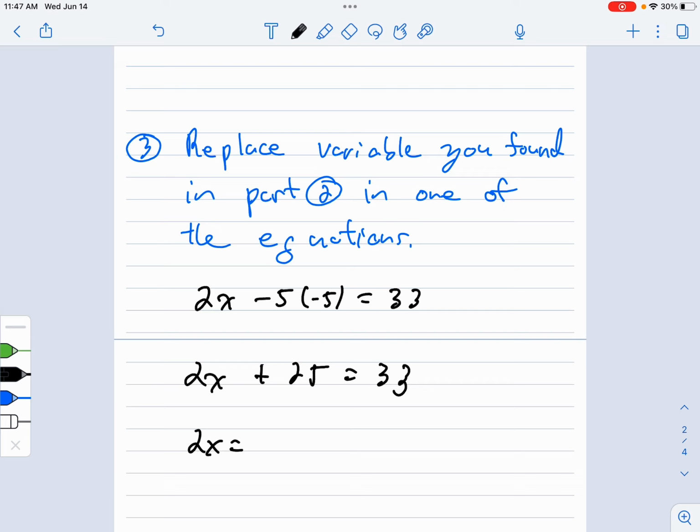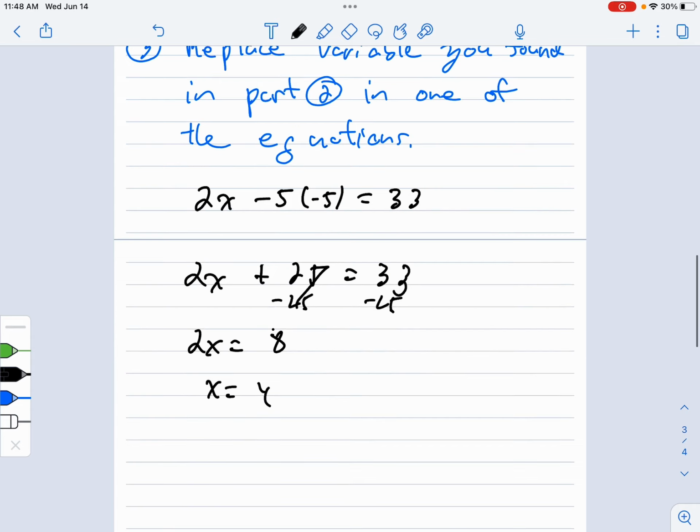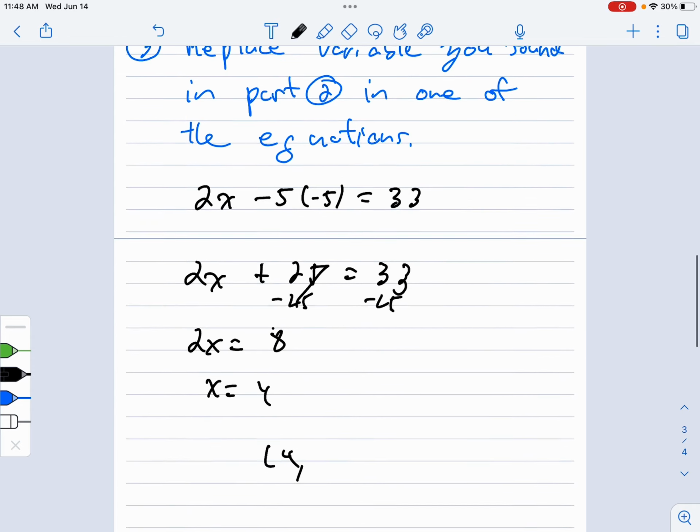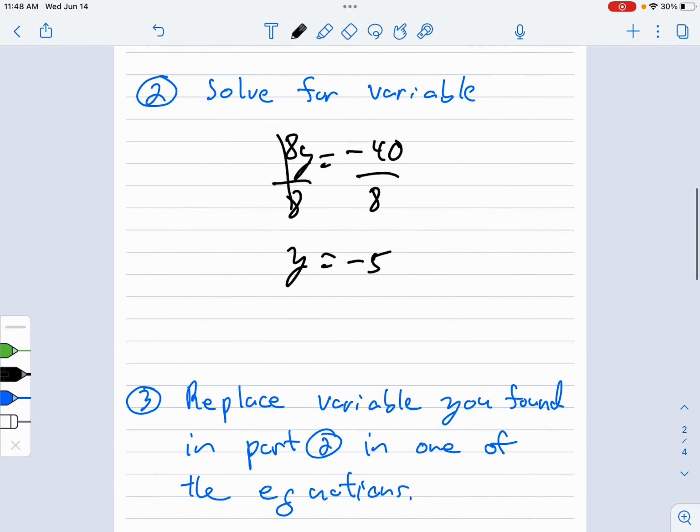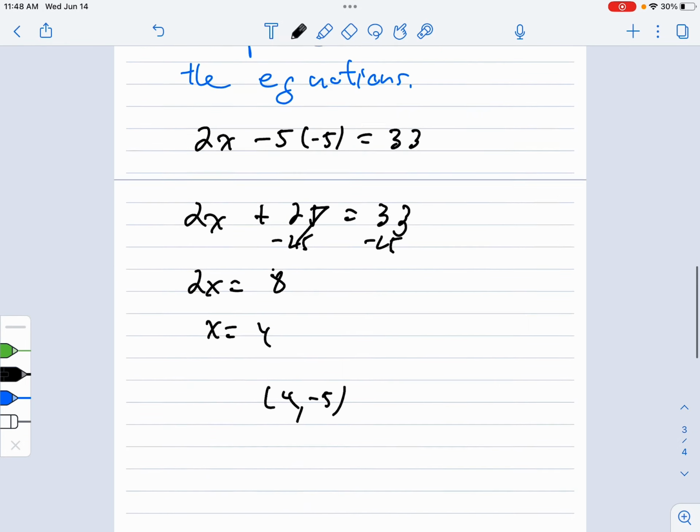So 2x equals 33 minus 25, and I subtract 25 from both sides to isolate x, and x equals 4. So your solution here would be 4, -5. As I said earlier, it doesn't matter if you solve for the x or the y.